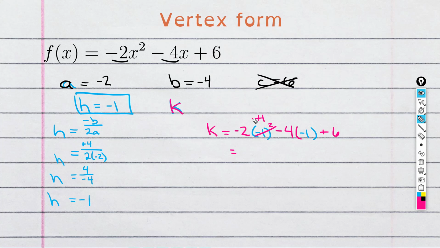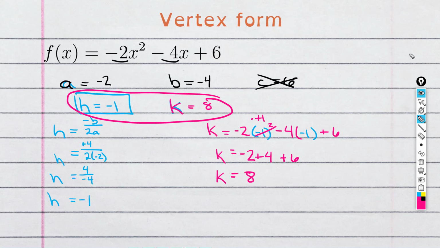So -2 times +1 gives me -2. -4 times -1 gives me a +4. And I have +6. And when I combine that all together, I end up with 8. So my K value is equal to 8.